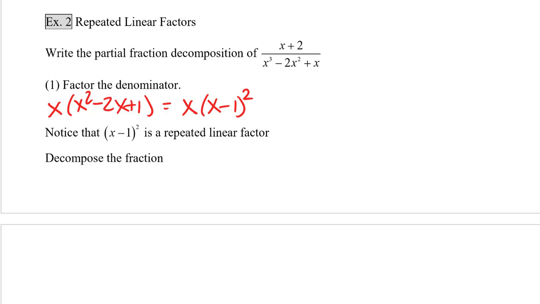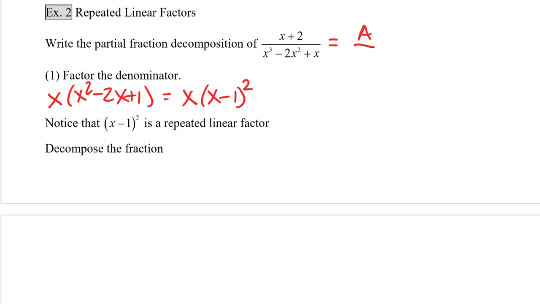When we decompose now, we'll say that this is equal to a over our first linear factor x, plus b over our second linear factor x minus 1, plus c over our repeated linear factor.